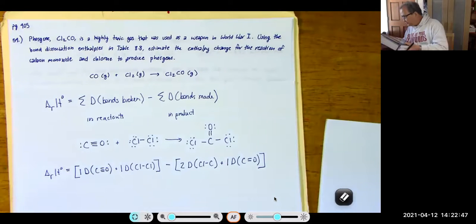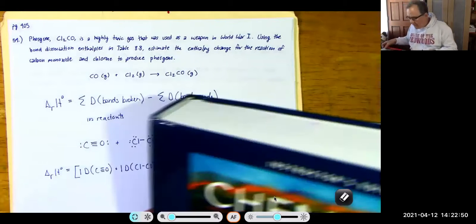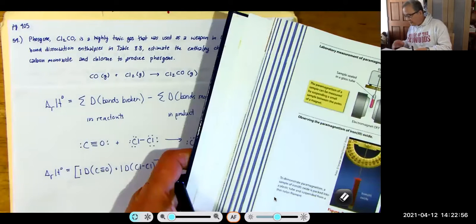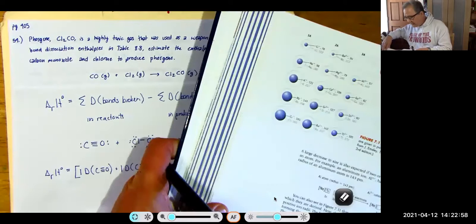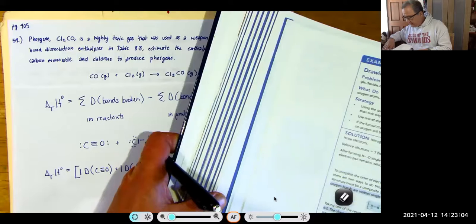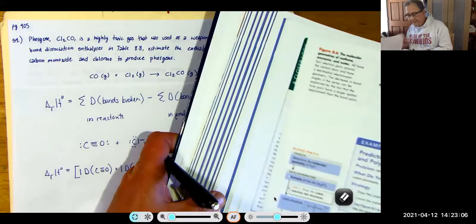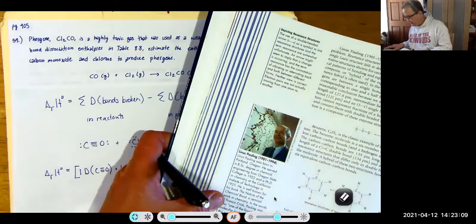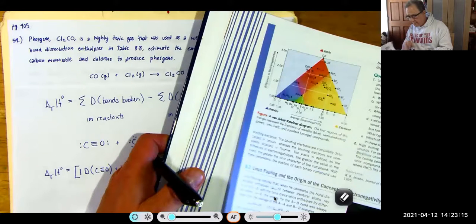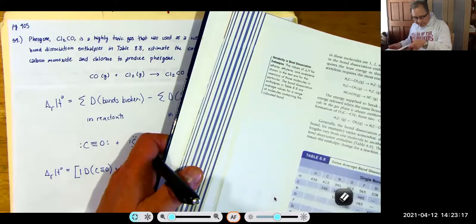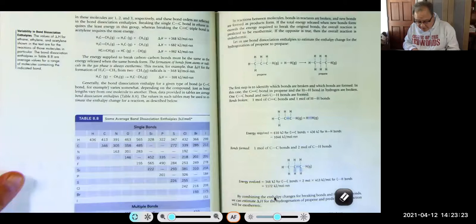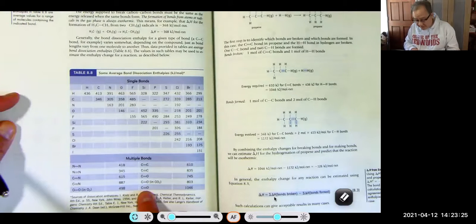Okay. So I have not memorized these bond dissociation energies. I'm sure there is some chemist out there that has memorized a bunch of these, but it's not me. Okay, so can you see down here, we have a carbon-carbon triple bond at 1046.